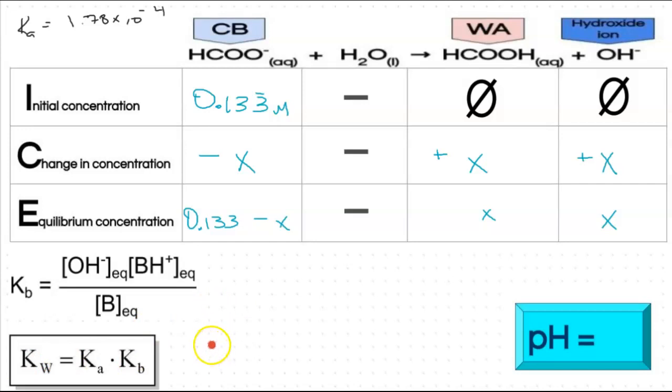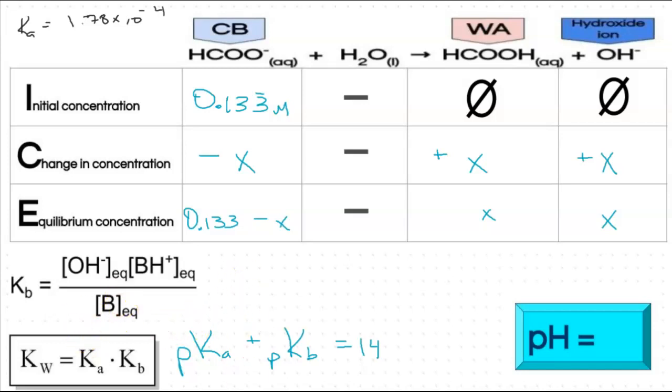The other way you could look at it, similar to pH, is that the pKa of your weak acid plus the pKb of its conjugate base is equal to 14, just like pH plus pOH is equal to 14. I'm going to use this equation to find my pKb and then find my Kb.